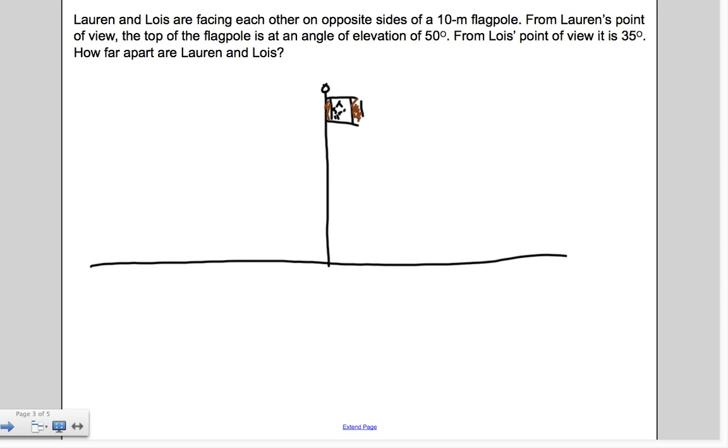They're on opposite sides of the flagpole. So in other words, one person's on one side of the flagpole, the other person on the other. So we'll draw her. She could have some long curly hair, long straight hair. So this is Lauren, and then Lois would be over here.